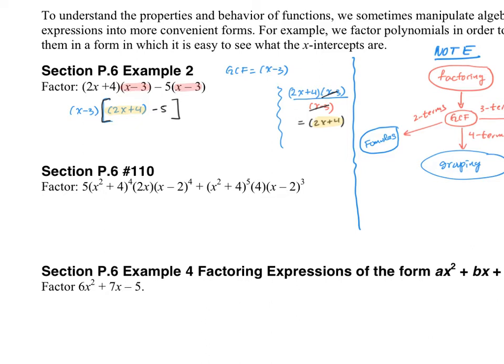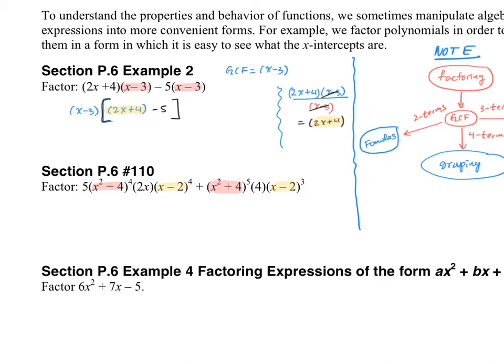So you need to see what they have in common. You can see you have x minus 2 here. We have x minus 2. You have x squared plus 4, x squared plus 4. And then this one has an x, this one doesn't have an x, but this one has a 2, this one has a 4. So therefore they have the 2 in common.